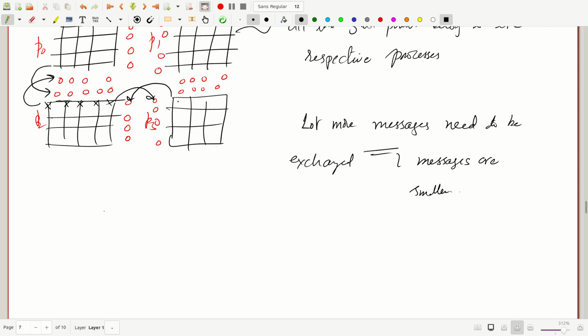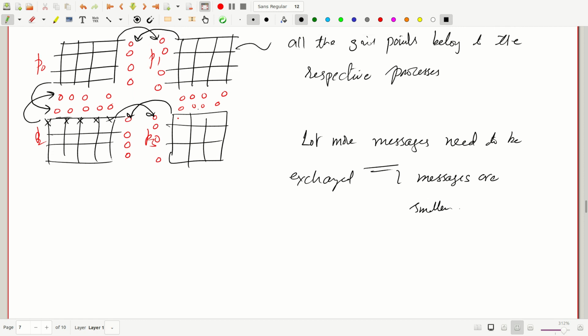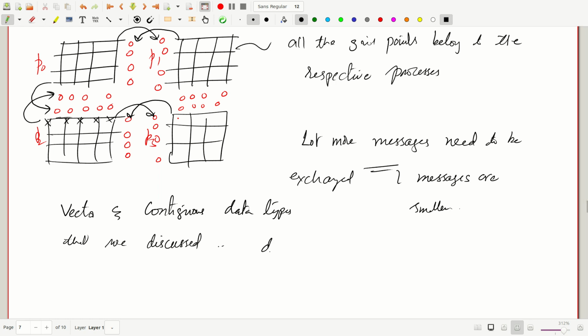When you do this kind of exchange, you probably have to use the vector and contiguous data types we discussed in the context of derived data types.